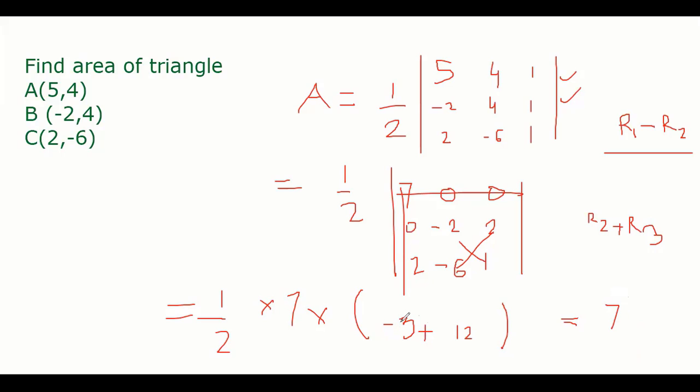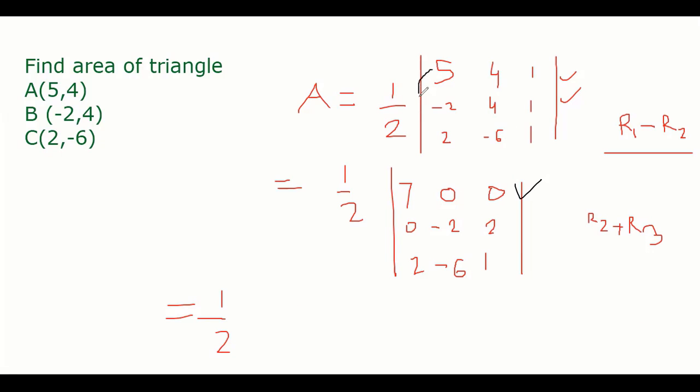Let me write this again. First of all, everybody tell me, is this step clear? How did we get 7 0 0? At row 1 I have done R1 minus R2. So see what happened: 5 minus -2 is 5 plus 2, so 7. 4 minus 4 is 0. 1 minus 1 is 0.